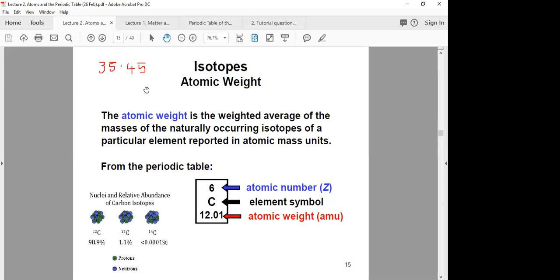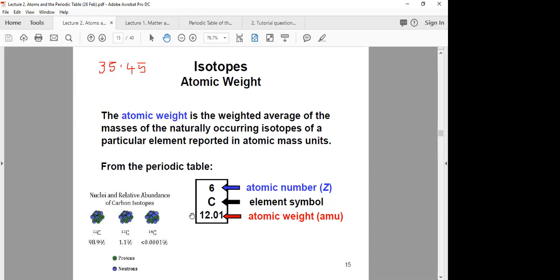The reason why this is not exactly 35, the reason why it's not a whole number, is because it's an average. The atomic mass or atomic weight is actually the weighted average of the masses of the naturally occurring isotopes of a given element. And it's reported in AMU, atomic mass units.